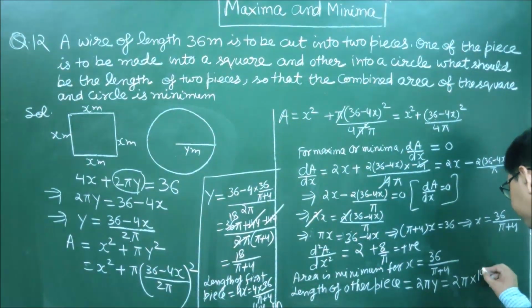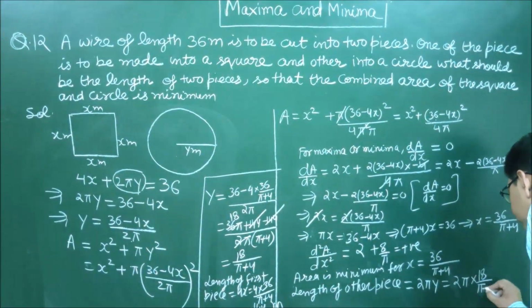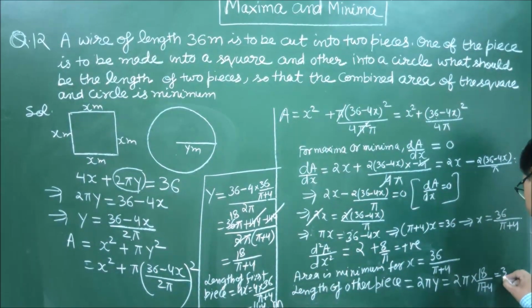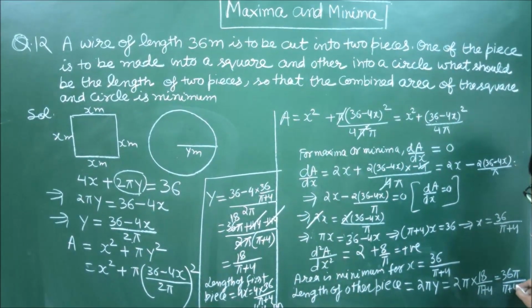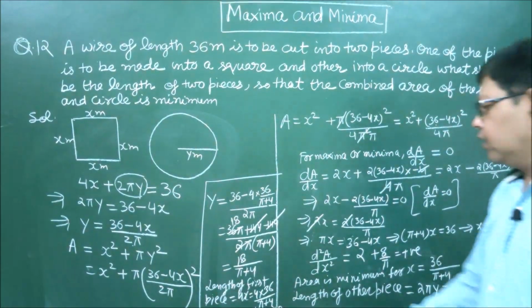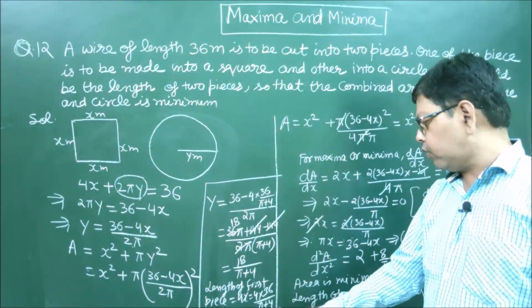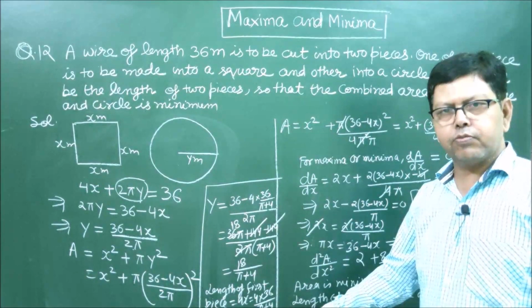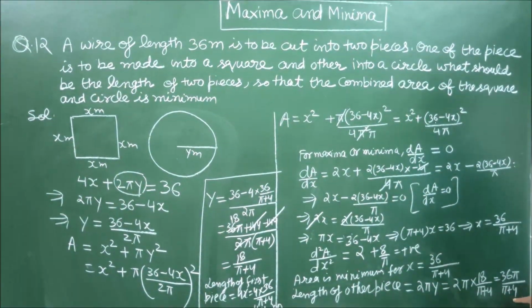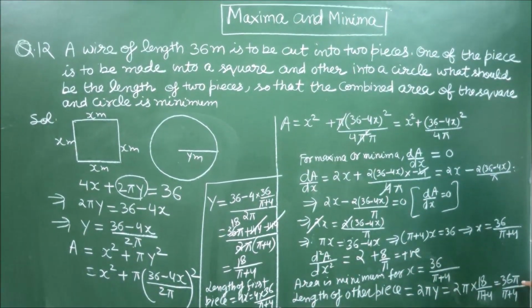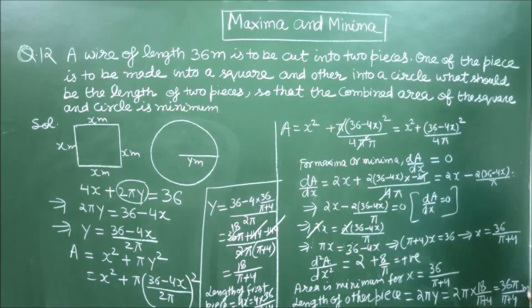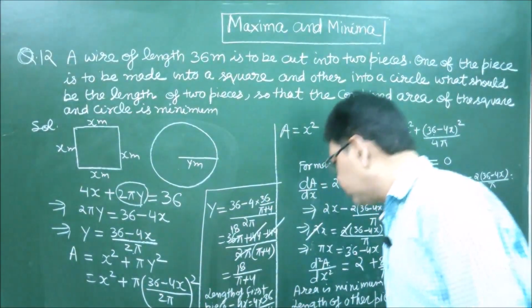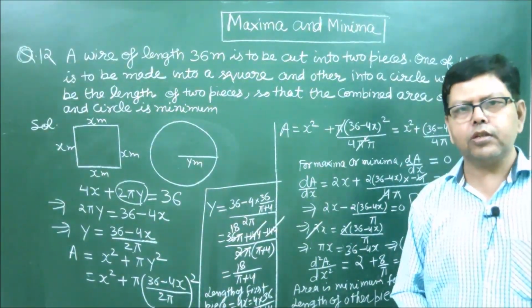So 2 pi into 18 upon pi plus 4 is equal to 36 pi upon pi plus 4. So the final answer is: the length of the first piece is 144 upon pi plus 4, and the length of the other piece, which is in the form of a circle, is 36 pi upon pi plus 4, both in meters. So with this the question is complete.